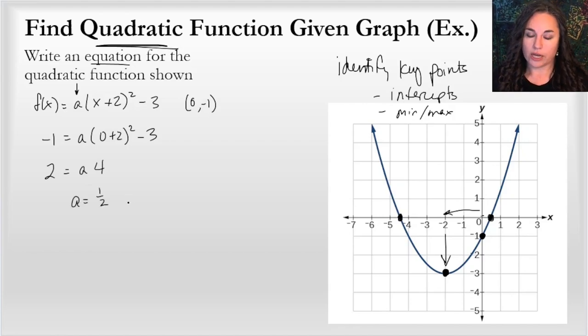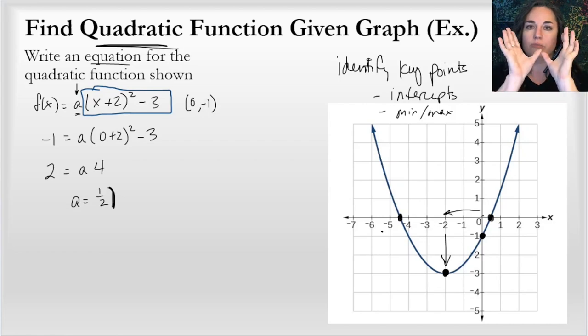I can solve for it algebraically. What I'm not going to do is assume that it's just (x plus 2) quantity squared minus 3 and be done with the problem after I identify the vertex. I need to assume that there is some sort of coefficient a out front, and indeed when I plug in a point I see that there is a coefficient of a half out front. This is going to spread it out, right?